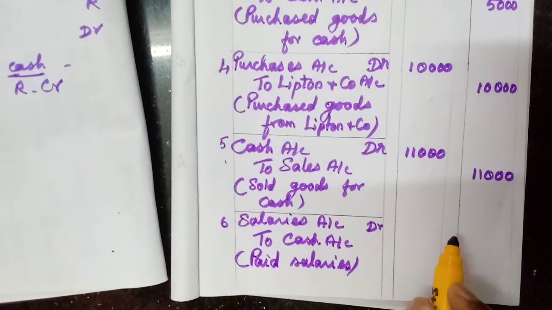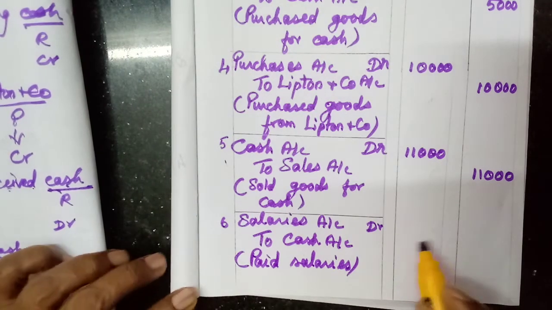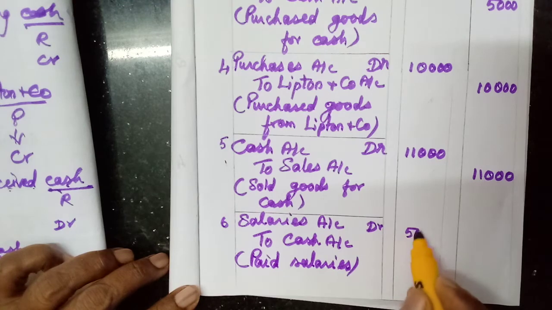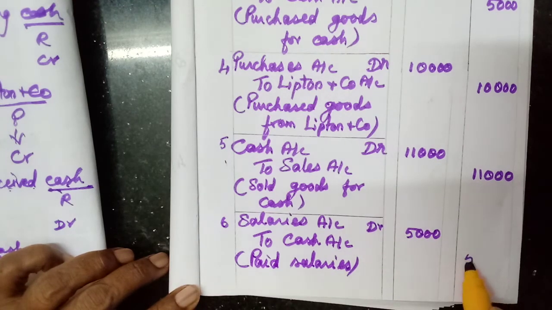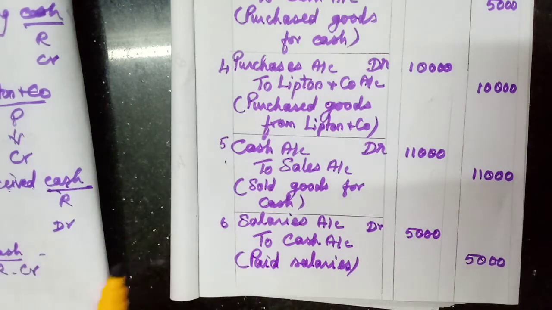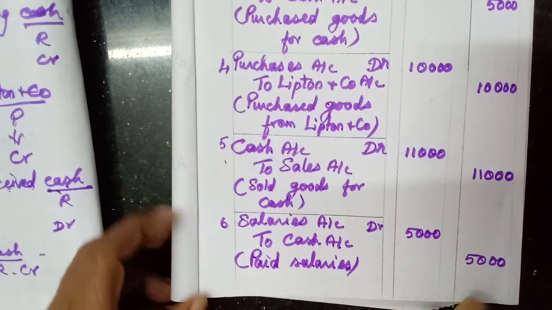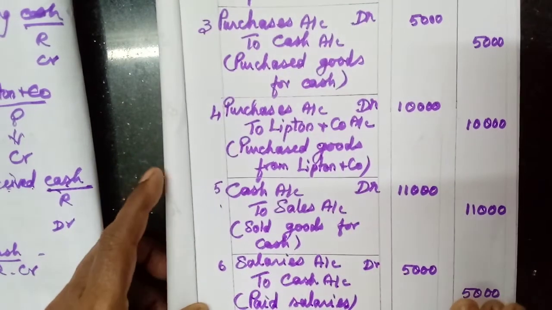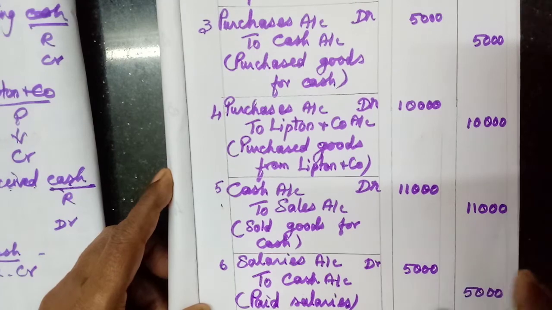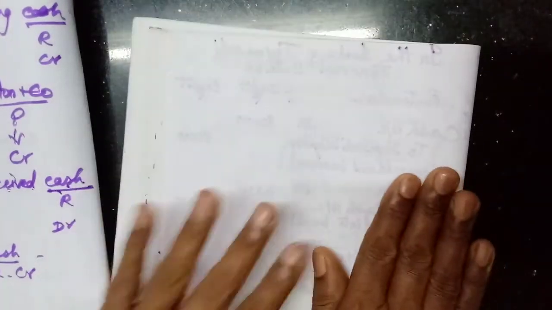How much paid salaries? 5,000. Then you have to draw a line. Okay, students. Then next page you can turn. There also we need to draw the line. Okay.